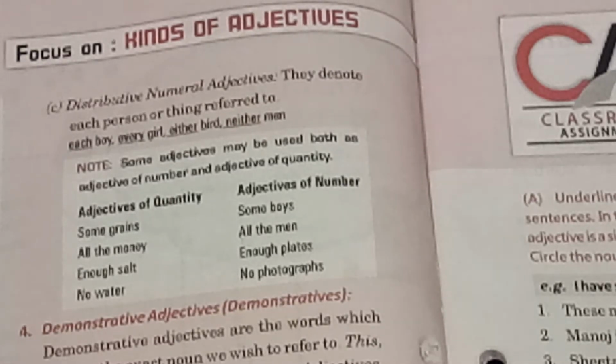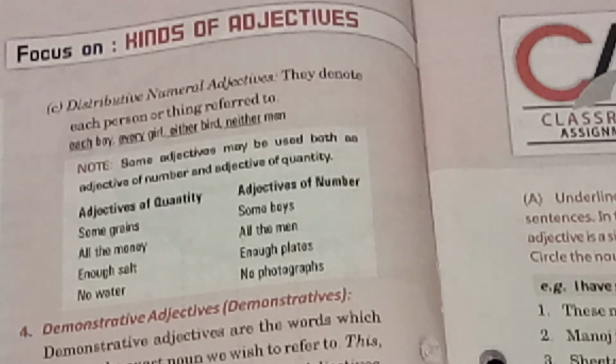Like if some is used with grains, you know grains is uncountable, तो यहाँ पर some is adjective of quantity, and if I say some boys, boys are countable, and here this some is adjective of number. All the money, money is uncountable, so here all the is adjective of quantity, and if I say all the men, men are countable, here all the is the adjective of number.